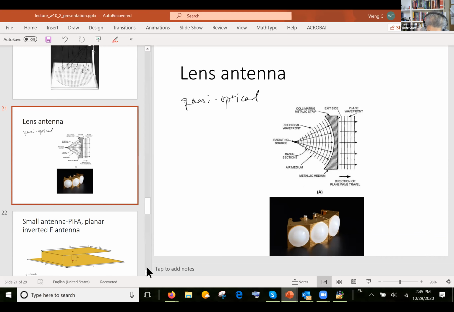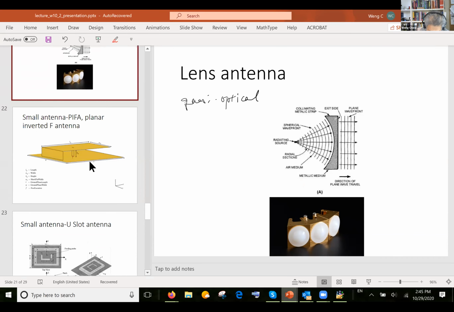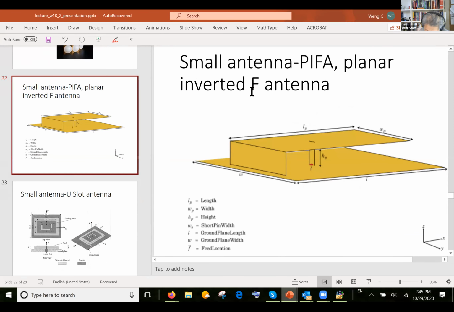And then you can have things like something called a PIFA. PIFA is a planar inverted F antenna. If you look at this thing, it looks like an F. It is inverted, so they call this PIFA. The good thing about it is that this thing would resonate roughly when this is lambda over 4, because it's an open circuit over here, a short circuit over here. This structure would resonate around lambda over 4.